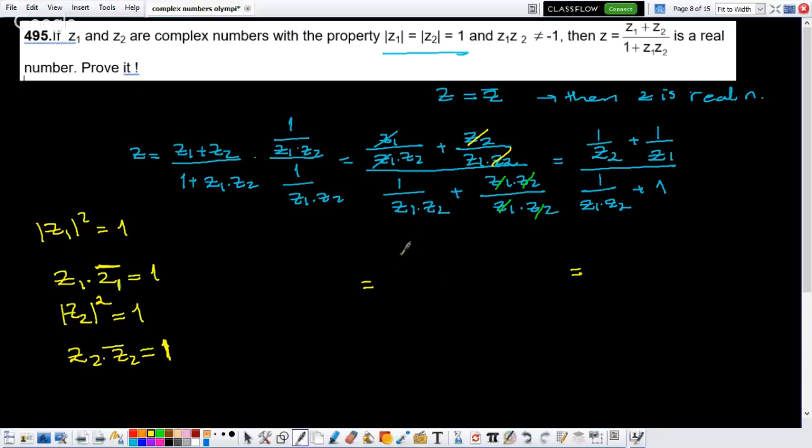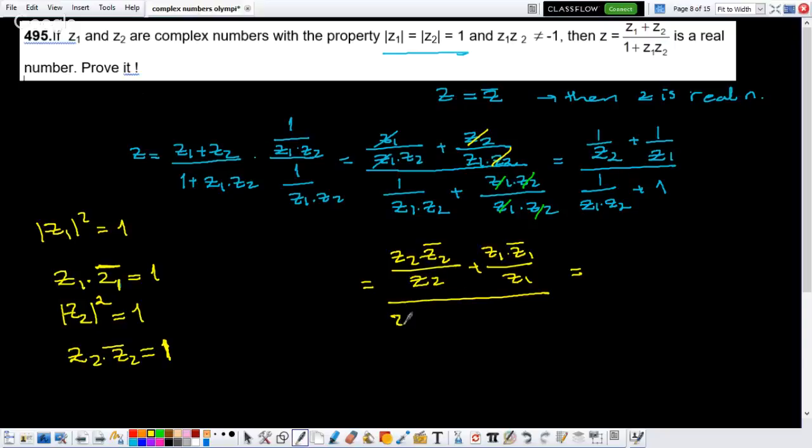So here Z2 times Z2 conjugate over Z2 plus Z1 times Z1 conjugate over Z1. Instead of 1, I wrote this term all over. Here we have 1 and down Z1 times Z2. So 1 times 1 is equal to 1.